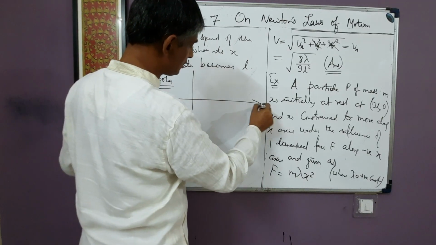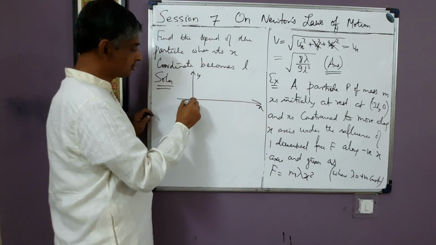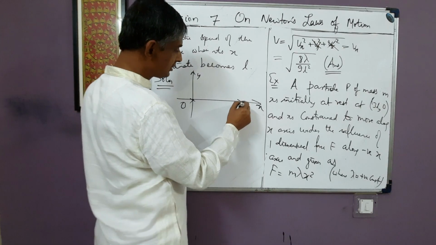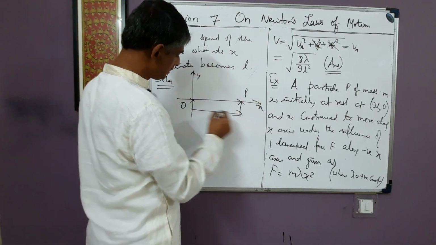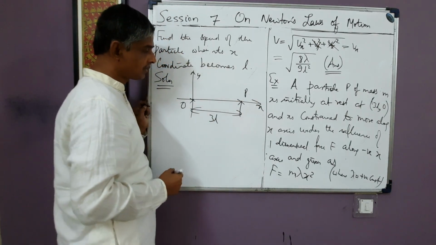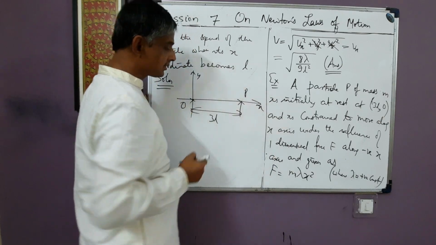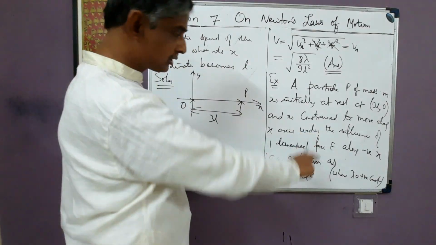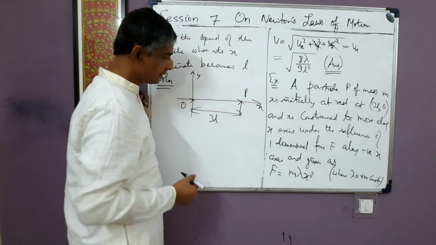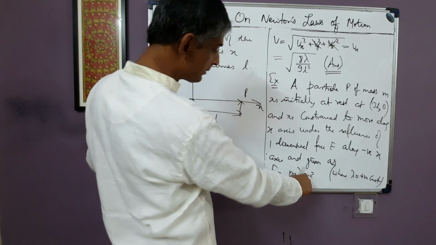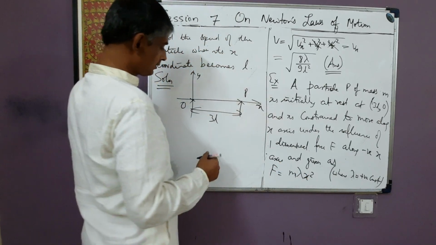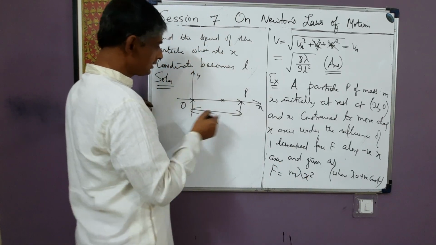First I draw the situation. This is the x-axis, this is the y-axis, and this is the origin of the coordinate system. Point P is initially here at time 0. Its x-coordinate is 3L. It is constrained to move along the x-axis under the influence of a one-dimensional force F, which is always along the negative x direction and depends on the x-coordinate as m lambda x square. Suppose the point is somewhere here.